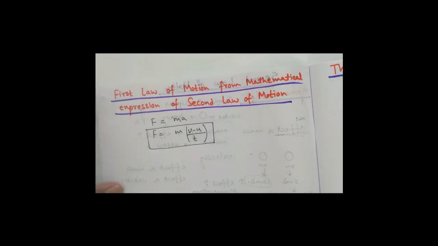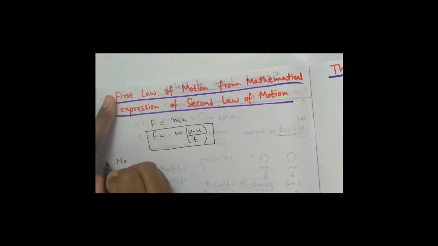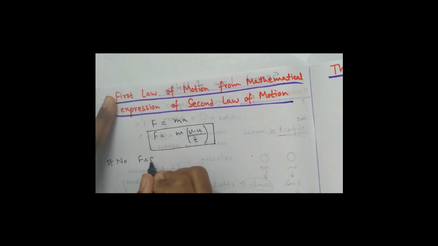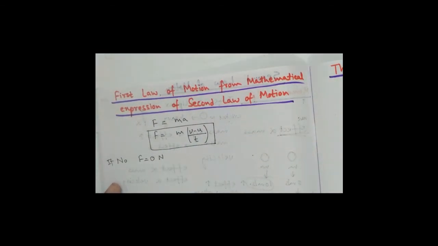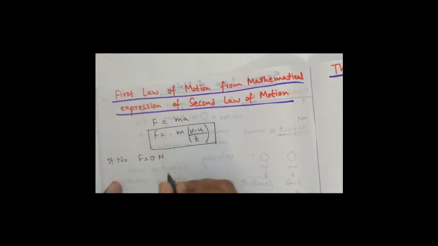Now let's assume that force is zero. That means no force is being applied, so force is 0 Newton. Then what will happen? F will be equal to 0, so m times (v minus u) by t equals 0.